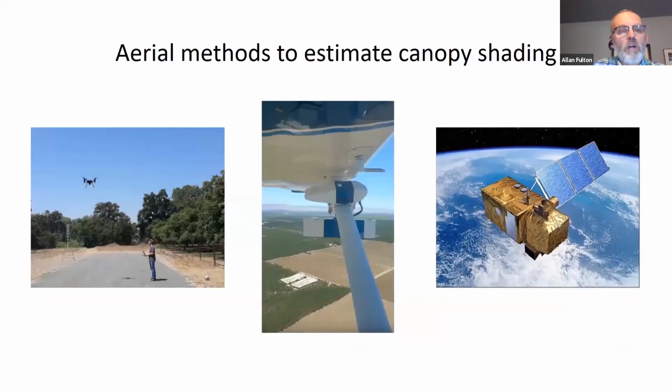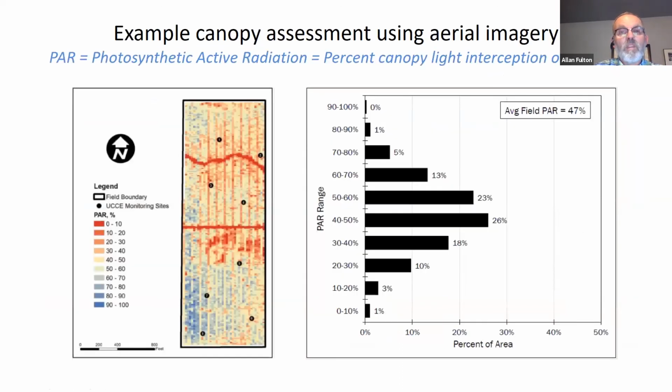The alternative to working on the ground is using aerial methods. We can use drones with cameras. We can use fixed wing airplanes that have cameras flying over our orchards, or we can look to satellite imagery. Here's an example where we applied satellite imagery. Here's a graphic of an almond orchard.